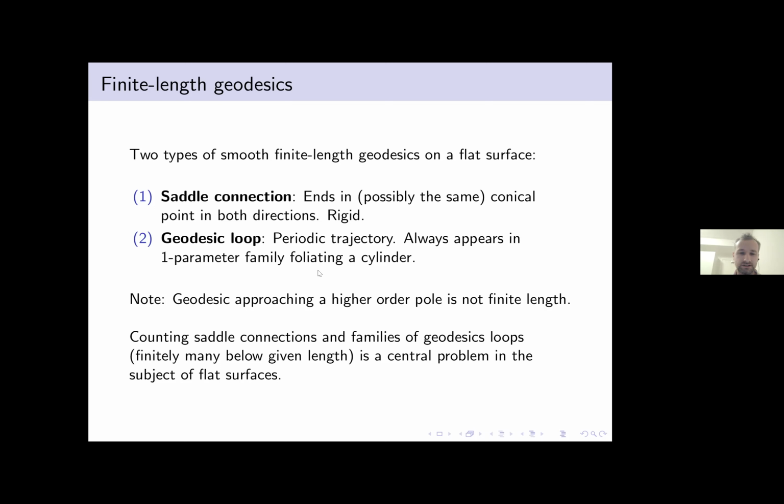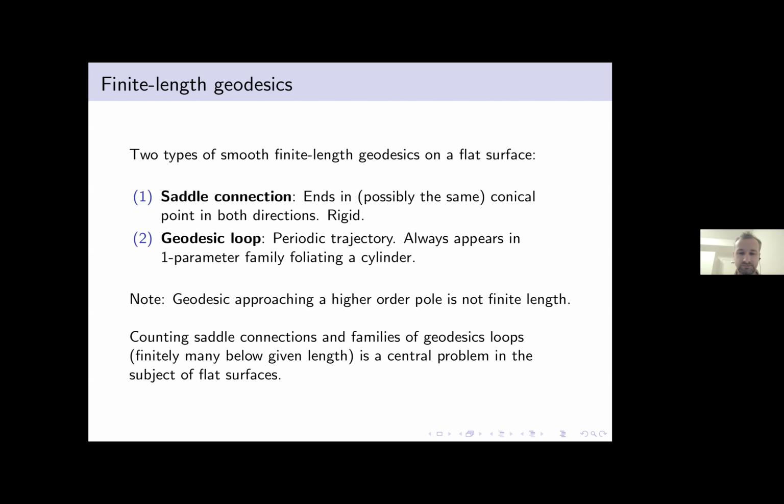Okay, and then there's a subfield of dynamical systems or ergodic theory where you study these flat surfaces, and one of the questions you're interested in is counting. Since these saddle connections are rigid, and the loops appear in one-parameter families, if you bound the total length, there will only be finitely many saddle connections and families of geodesic loops.